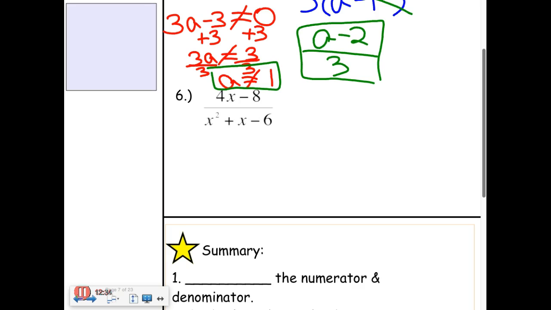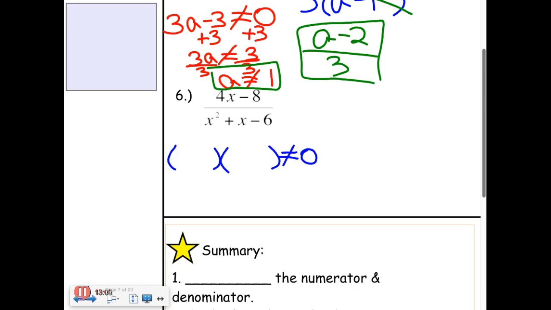All right, so again, I'm just going to take the bottom here. Now the bottom though, I'm noticing it's not quite as easy as that last one because we have that x squared. What I need to do first is actually factor it. So I have our double parentheses, and reminder, we're trying to not make it equal to 0.